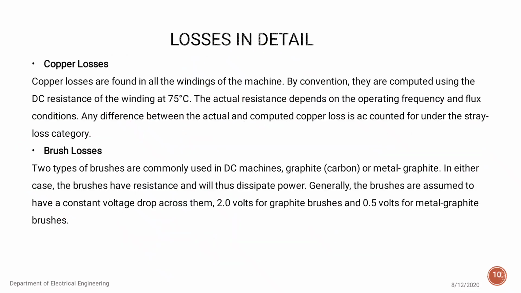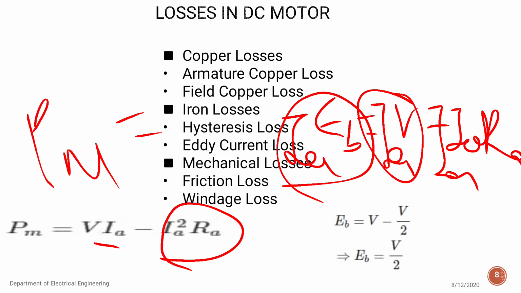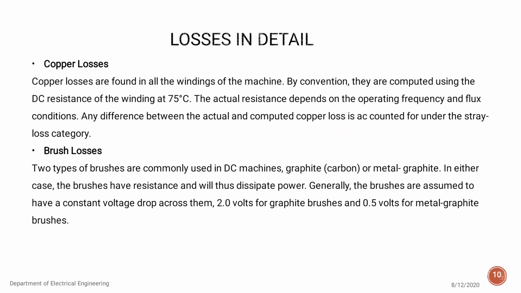Now the losses which we have seen in this slide: copper losses, armature copper losses, field copper losses, iron losses, again classified into hysteresis and eddy current, then mechanical losses classified into friction as well as windage. We will see those losses in detail one by one. Firstly, we will take copper loss. Whenever there is a winding, there is a copper loss.